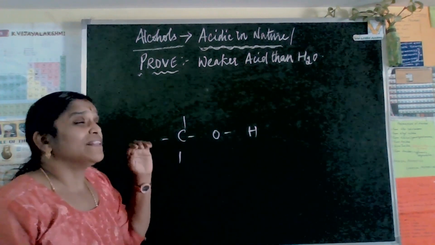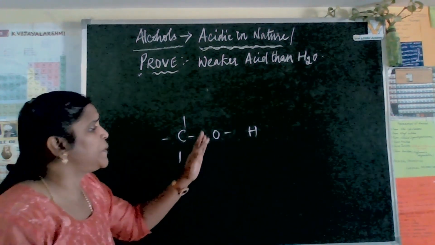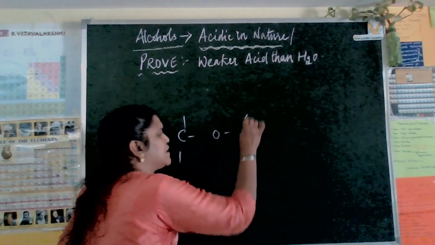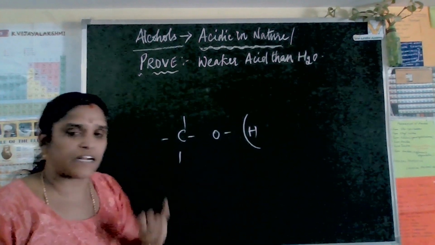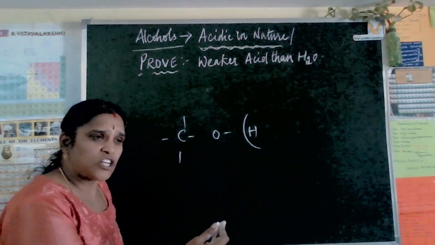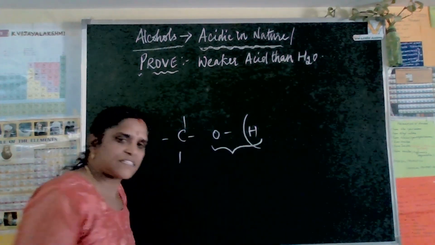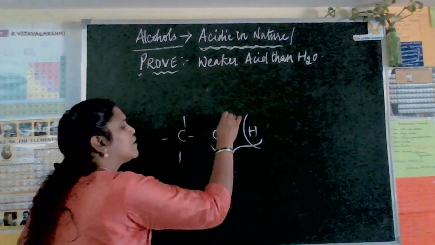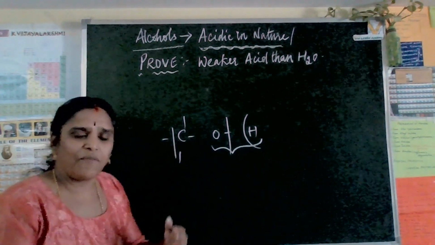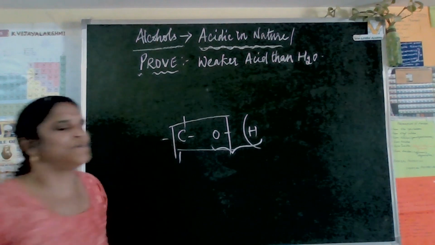So the reactions involve: one, cleavage of the bond between oxygen and hydrogen; two, cleavage of the hydroxyl group; and three, cleavage of the carbon and oxygen bond. These are the three points to be noted down.